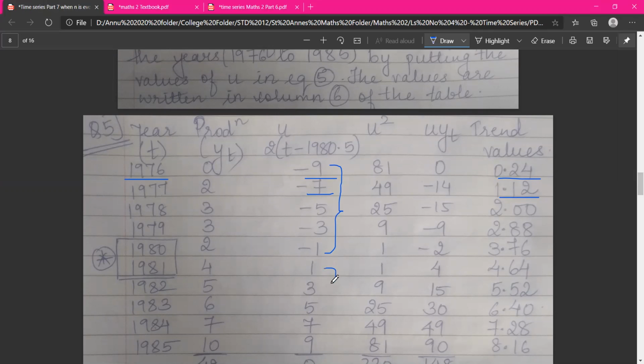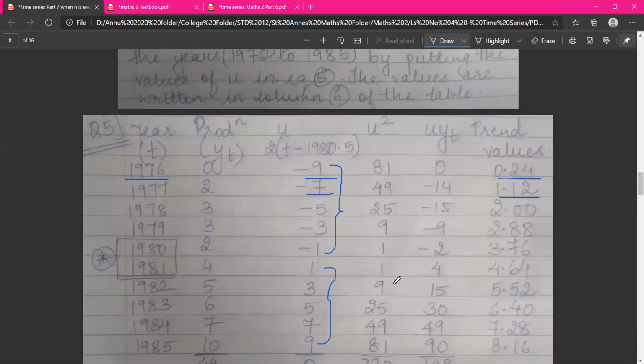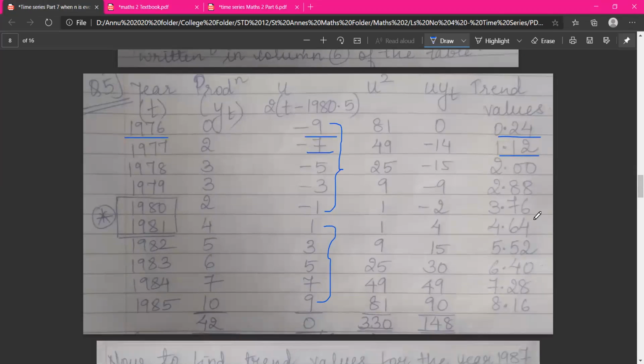But जहाँ पे positive numbers है, as you can see 1, 3, 5, 7 and 9. So when you put these numbers over here, be careful because they are positive. So you will add them. So that is why the numbers from here is increasing at a quite high rate. 4.64, 5.52, 6.40. So be very careful regarding that.